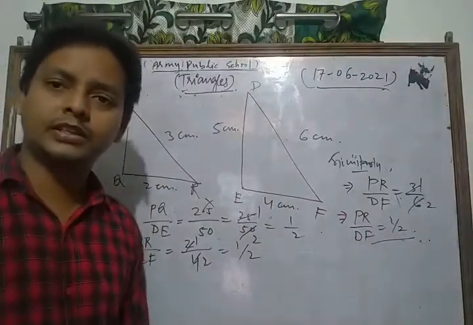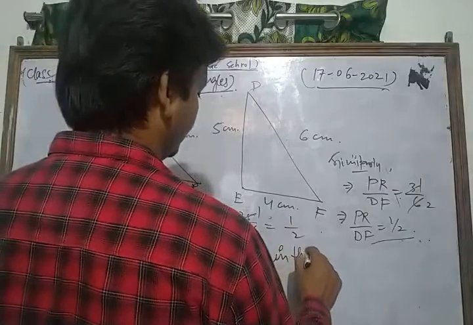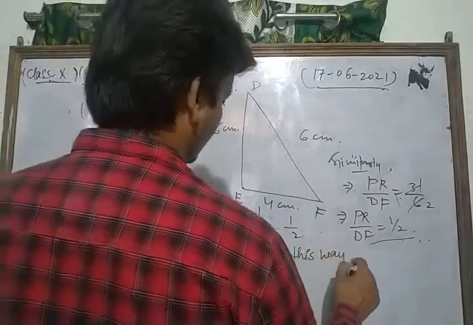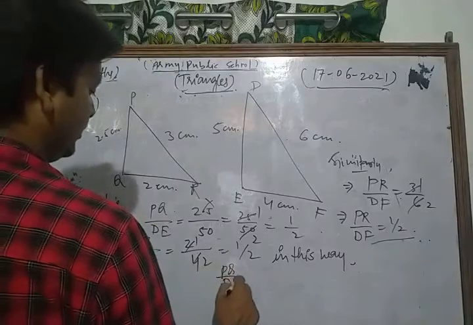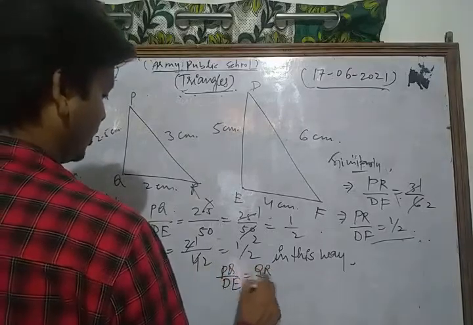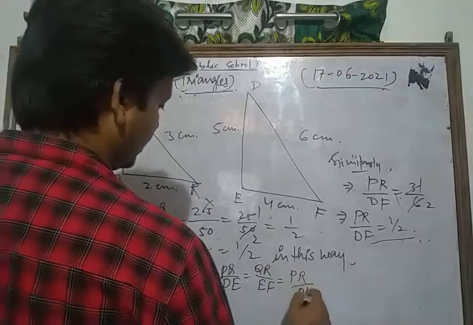So dear students, in this way, PQ upon DE is equal to QR upon EF is equal to PR upon DF.